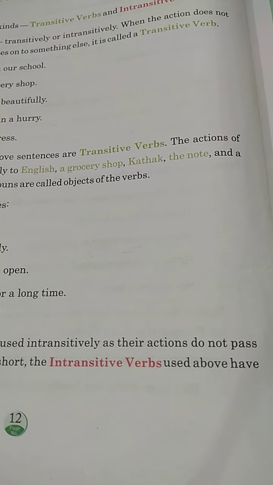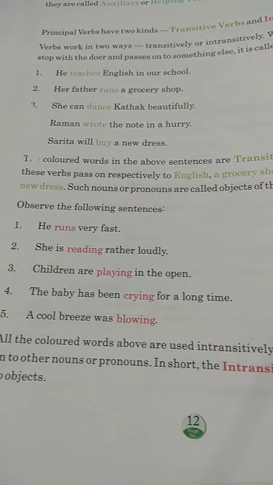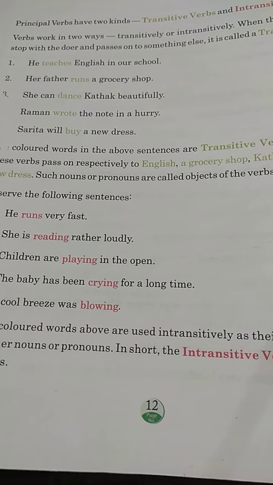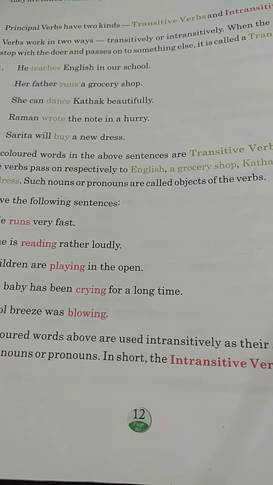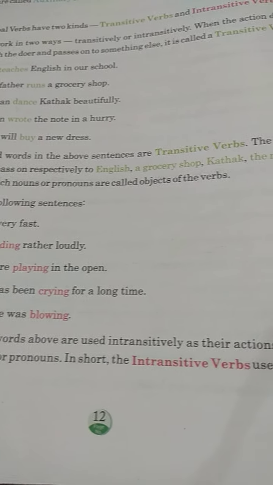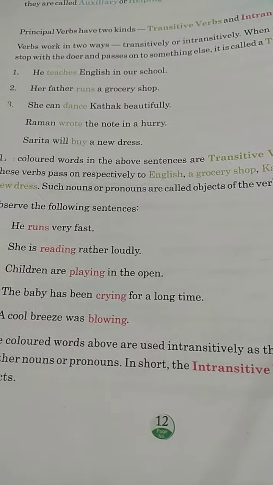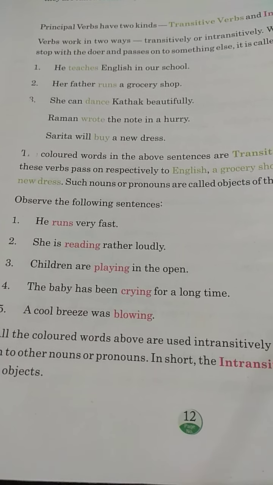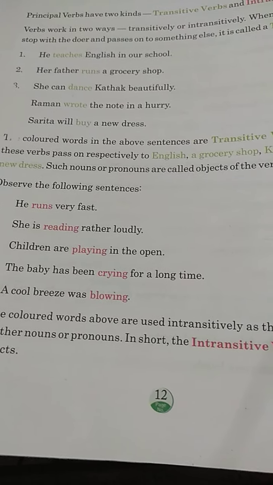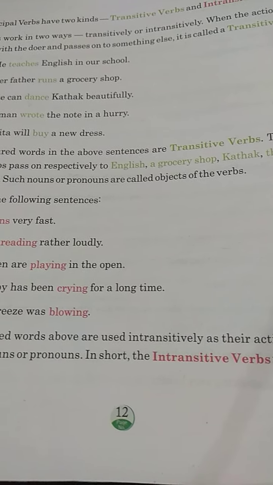The actions of these verbs pass on respectively to English, a grocery shop, Kathak, the note, and a new dress. Such nouns or pronouns are called objects of the verbs.